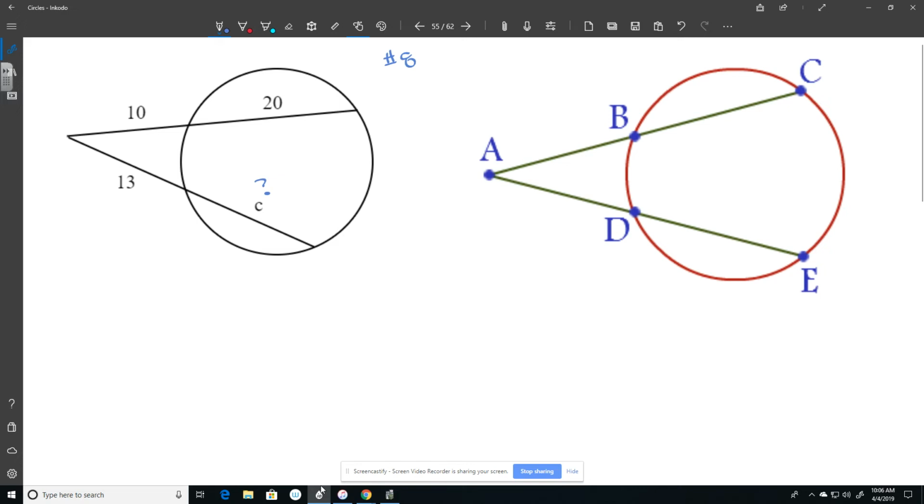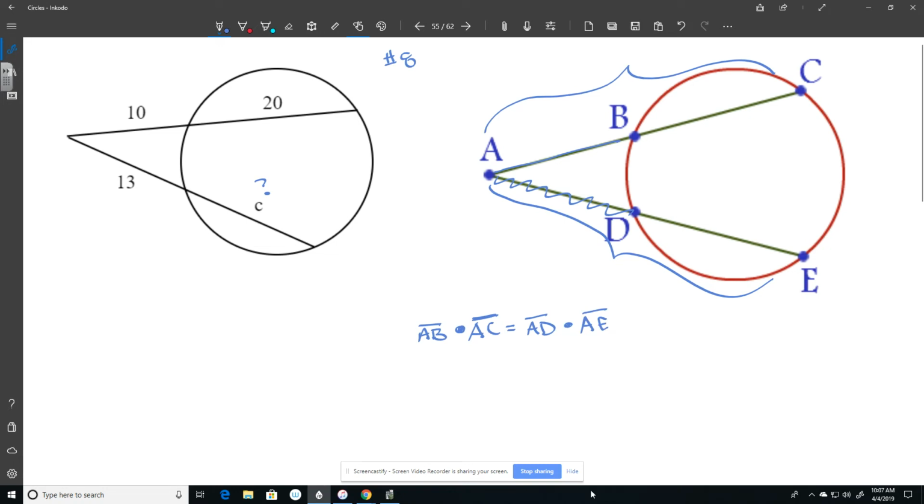And one thing that I know about those two lines is that if I take the distance from A to B and I multiply that by the entire length, not part of it, but that entire length, which is A to C, that is the same thing as if I take this part, the segment AD, and I multiply it by this entire piece, AE.